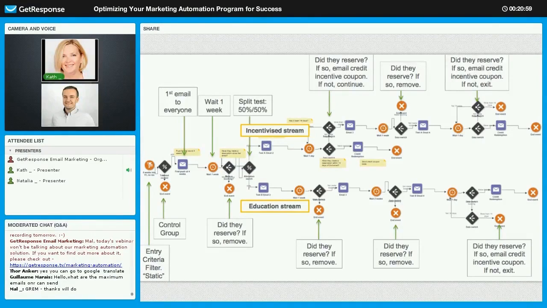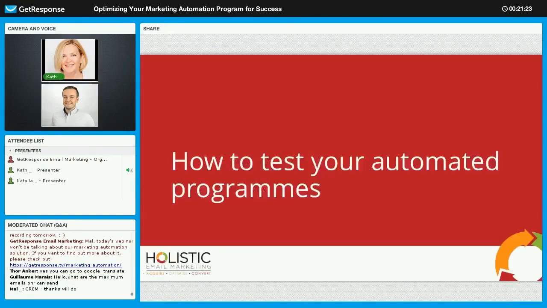So we will come up with another hypothesis in order to improve upon that. It might be testing the subject lines, the call to action, or what kind of incentive they're using, in order to increase the conversions. And so the B stream, that lower stream there, is the one that's going to be changed accordingly.